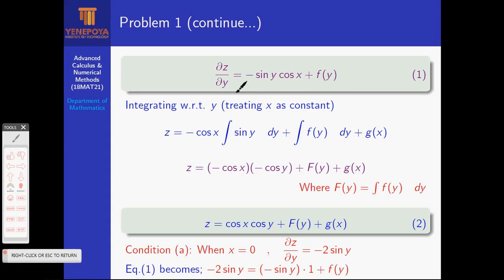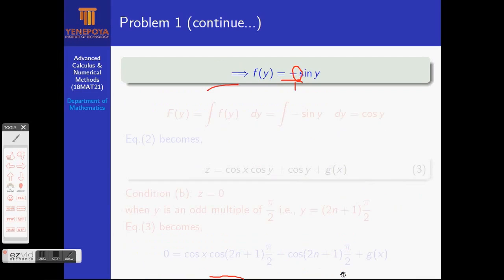The value of ∂z/∂y is -2 sin y on the left-hand side. That's equal to -sin y as it is, times cos x, where x = 0, and cos 0 is 1, plus f(y) as it is.